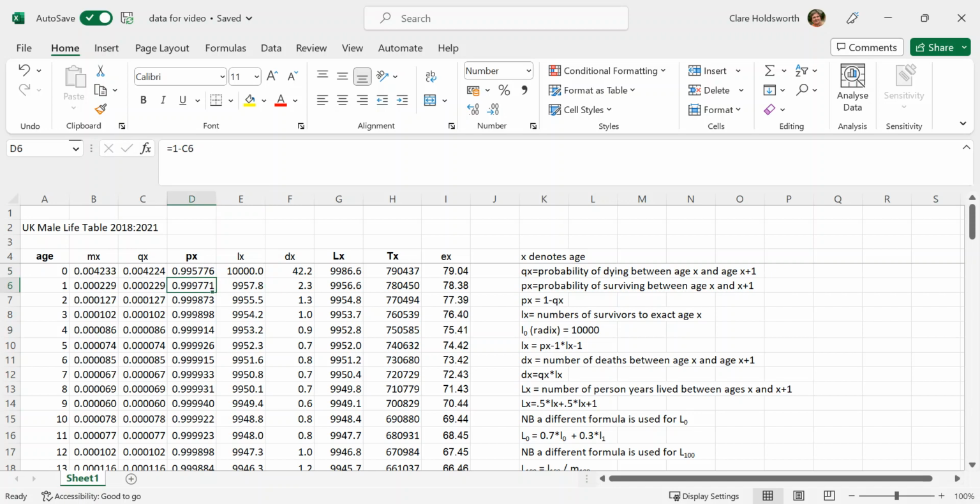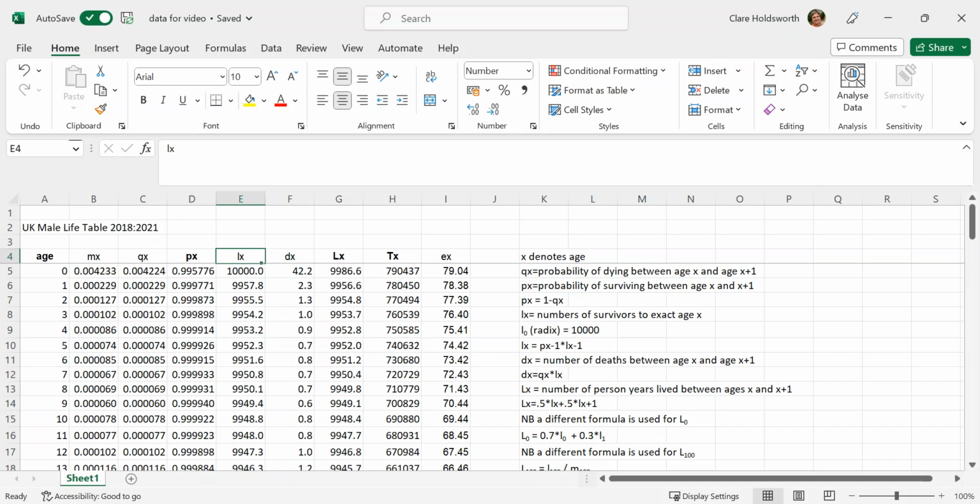We then take the probability of surviving the second year of life, and we multiply it by the number of people alive at the beginning of age 1, and that gives us the number of people alive at age 2, etc.